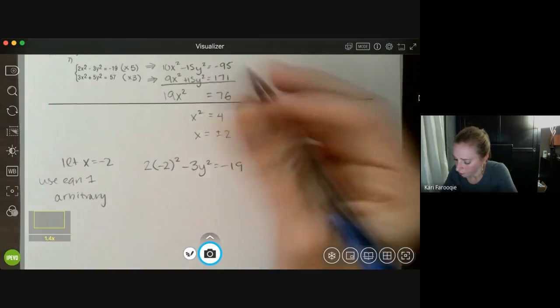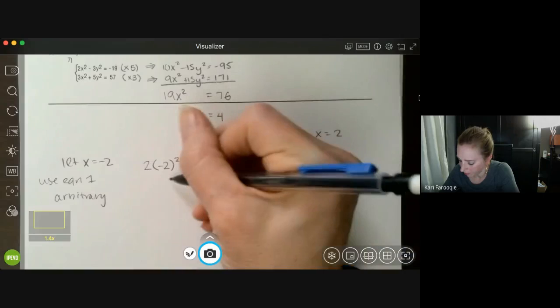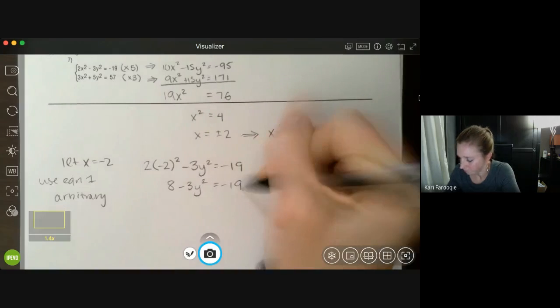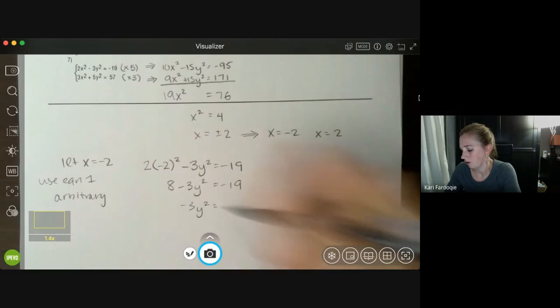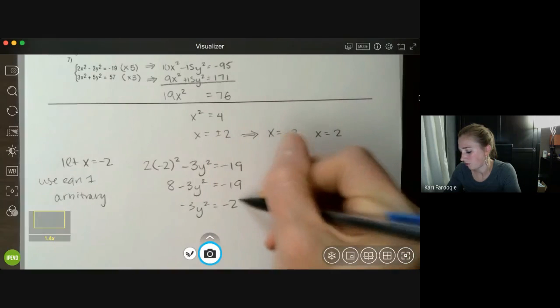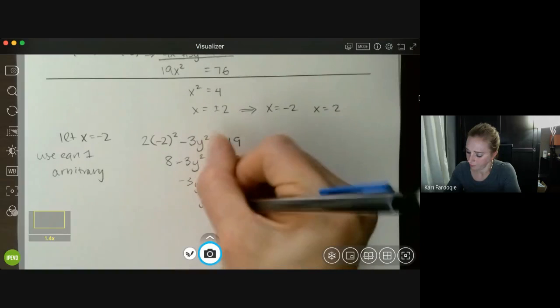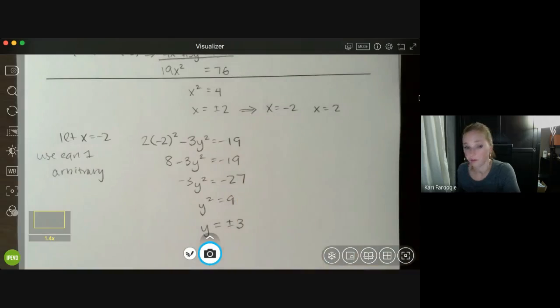And then we'll solve. -2 times -2 is +4, times 2 is 8. -19 minus 8 is -27. Y squared is 9, and y equals ±3.